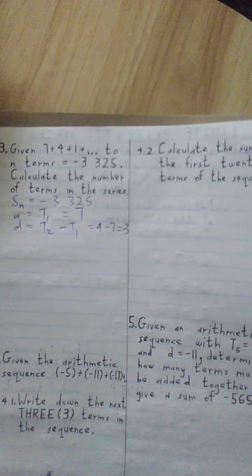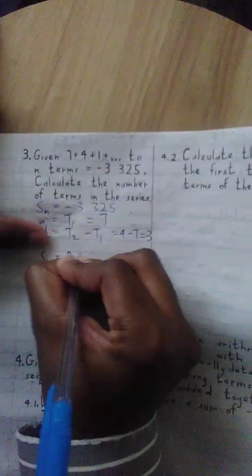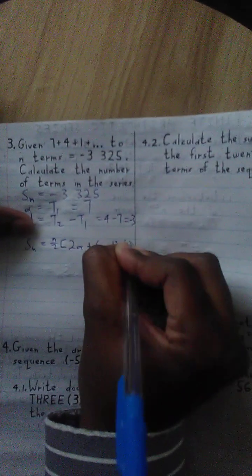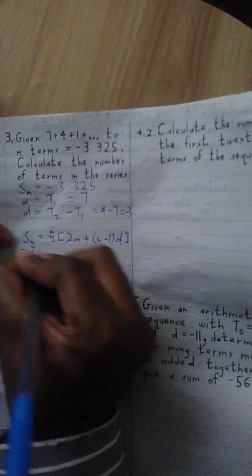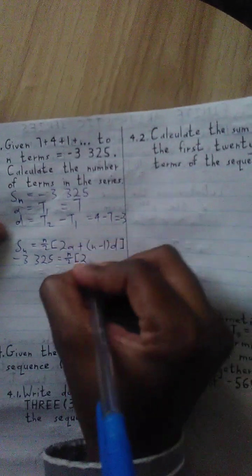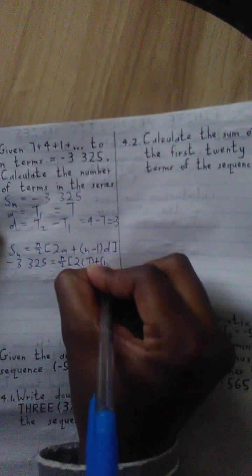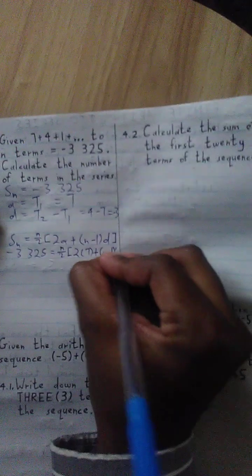So as usual, you write your formula. So Sn is negative 3,325. A is 7. D is negative 3.